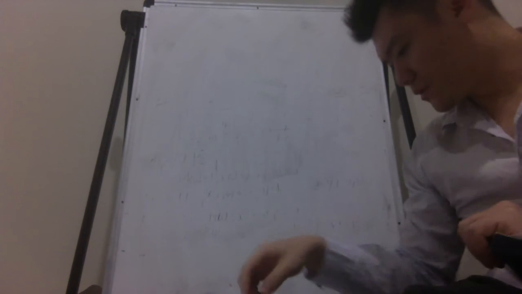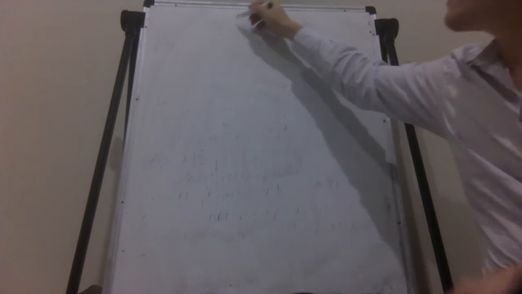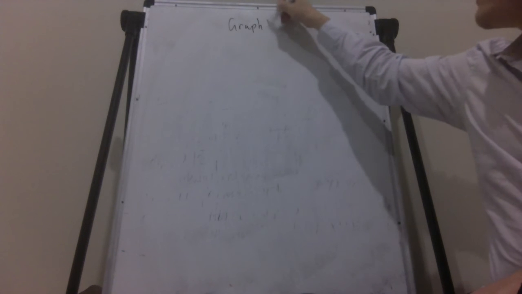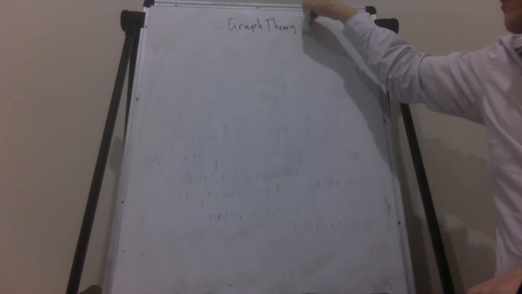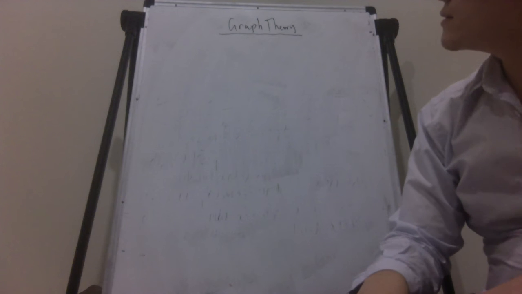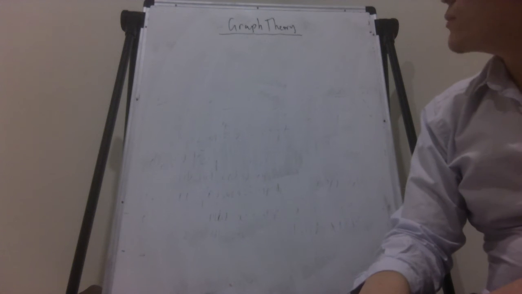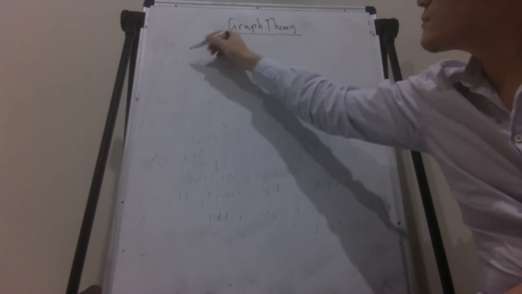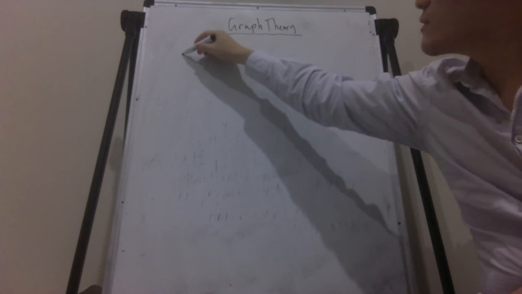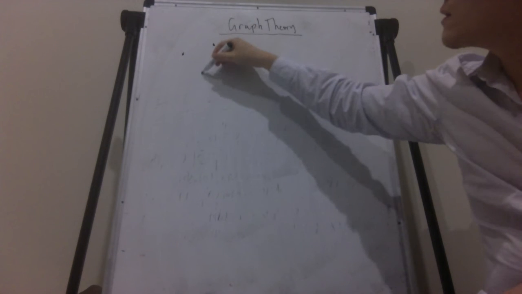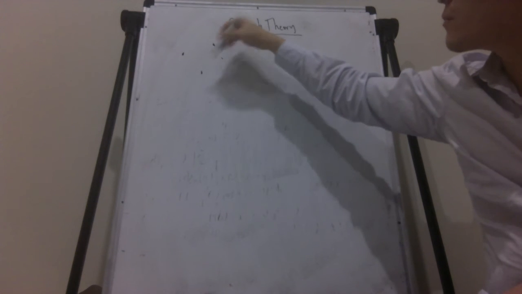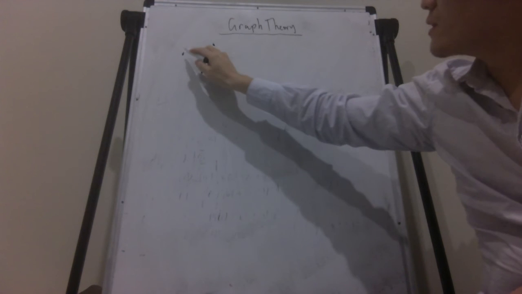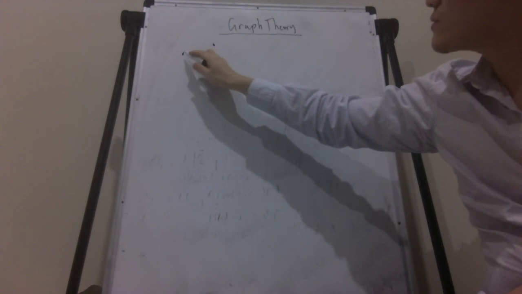Start a little bit on this topic called graph theory, okay? So graph theory is a very interesting topic. And basically what a graph is, it's just a bunch of vertices, okay, which may or may not be in like a plane, and they're connected to some other vertices.